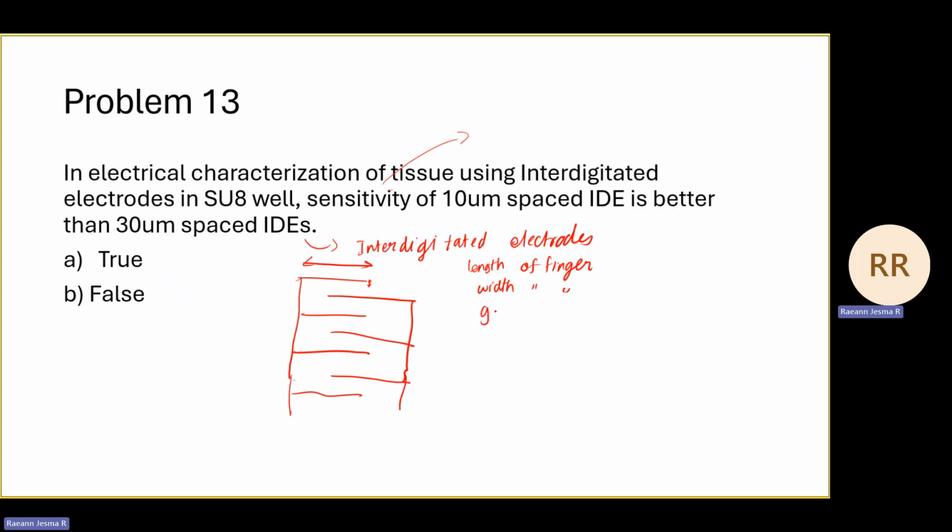Gap between the fingers. Number of fingers. Then thickness of the interdigitated electrode. These are some of the parameters that we can vary in order to improve the performance of the device. But among these parameters, only some of them will improve the sensitivity. It has been found that if we are changing the gap, generally as we decrease the gap between the fingers, then the sensitivity increases.